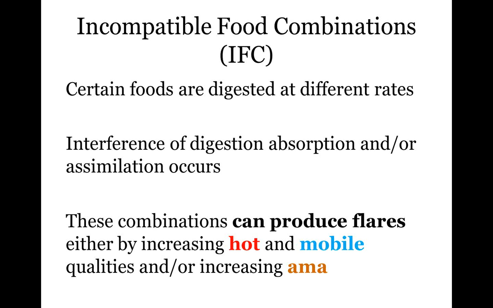Just think about this. You've taken a piece of meat and you've chewed that up, and then right after that you've taken a piece of watermelon. The two foods are totally different in terms of their consistency, their quality, their oiliness.